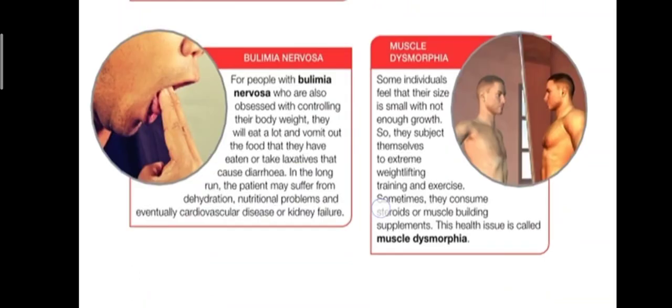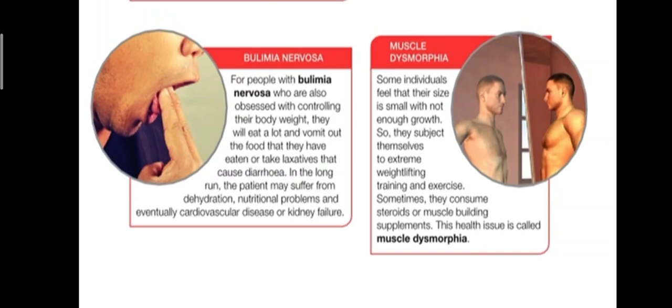Okay, and then this one bulimia nervosa, ini obses juga untuk control body weight. Apa yang berlaku, beza dia dengan anorexia nervosa ialah dia tidak avoid food, dia will eat a lot, tetapi selepas itu dia akan paksa untuk kasih muntah balik apa yang dia sudah makan. So dia akan vomit out all the food. Okay?